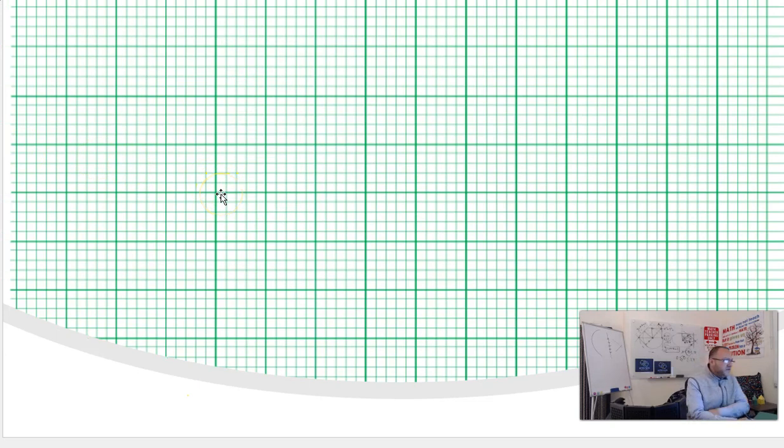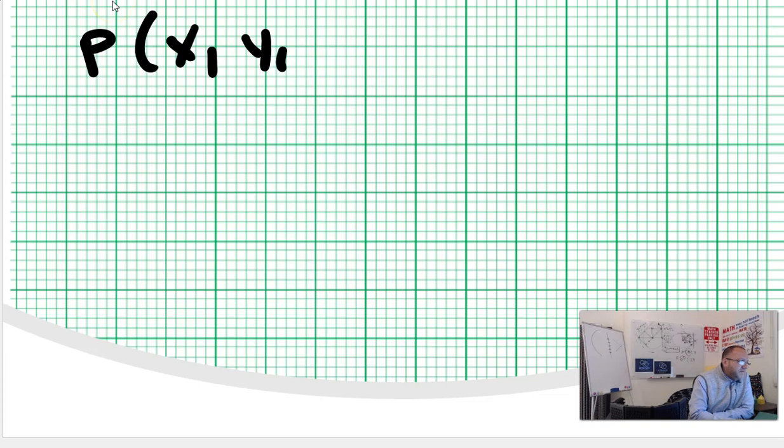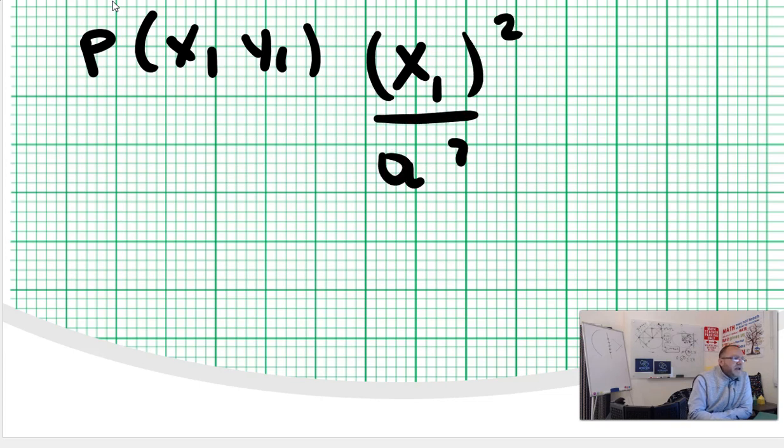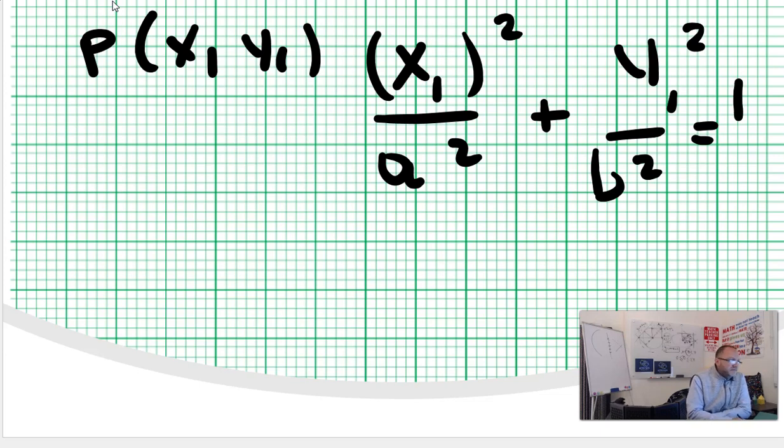So the point P on the ellipse is (x1, y1), Cartesian rectangular. This point P satisfies the equation of the ellipse. So you can write x1 squared divided by a squared plus y1 squared divided by b squared equals 1. So far, so good.